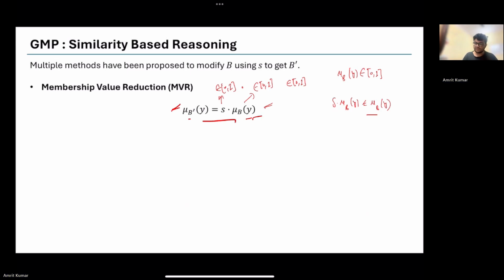So one thing to notice, that is why we have this term membership value reduction, or MVR, in general. One thing to notice about this way of obtaining B dash is that although the membership values are getting reduced, the overall shape of the fuzzy set B stays intact.